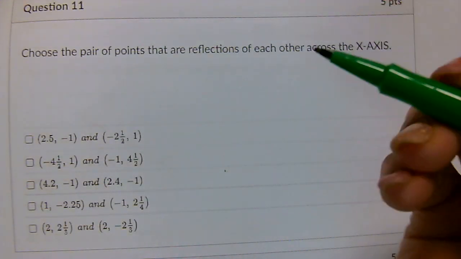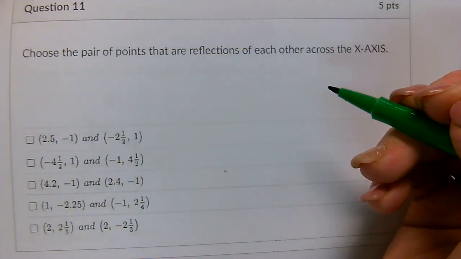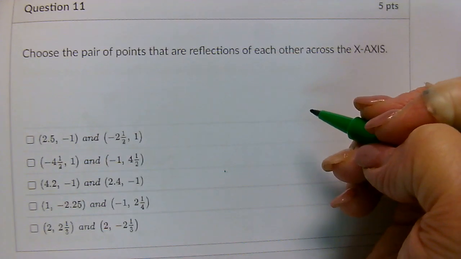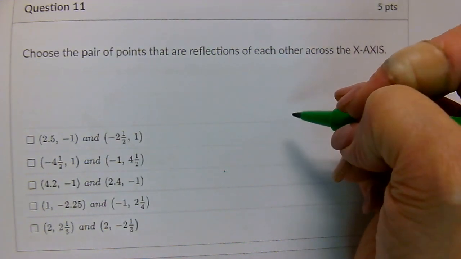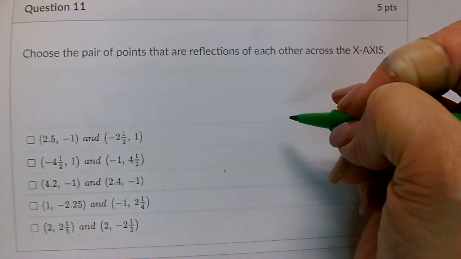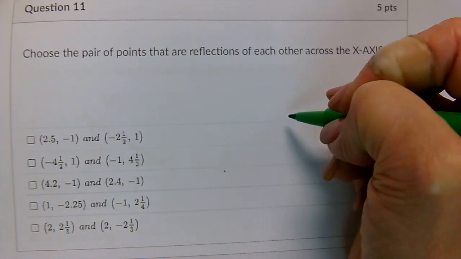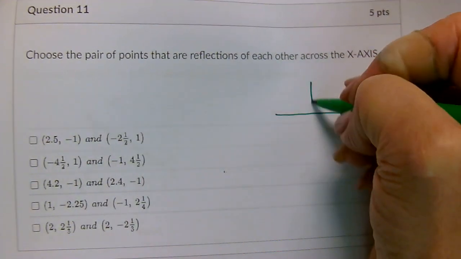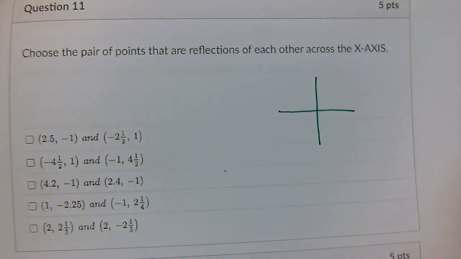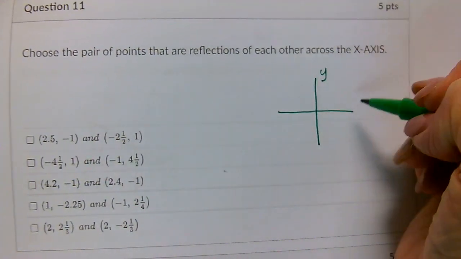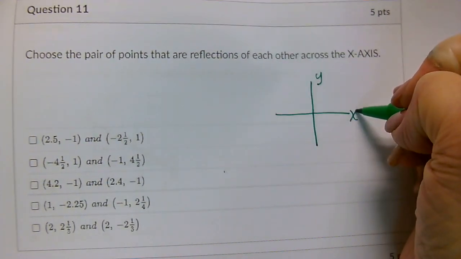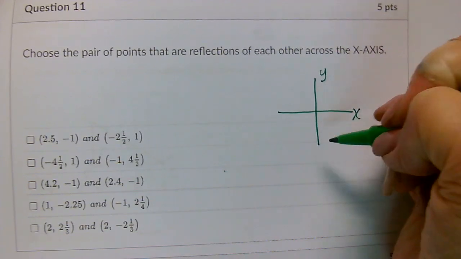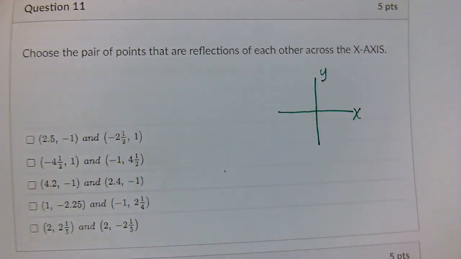So I want you to keep in mind the rules of reflection across an x-axis. In your notes, it does state what the rules are if you would like to look back and see. But here, if I were to draw a little picture, here is the y-axis and here is the x-axis. So we are talking about what would reflect across the x-axis.